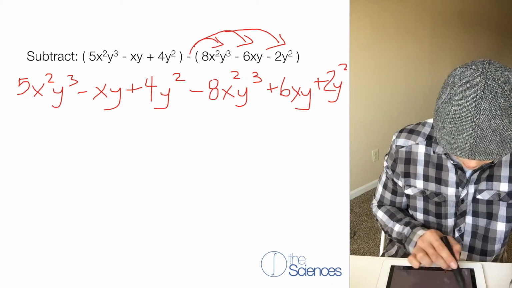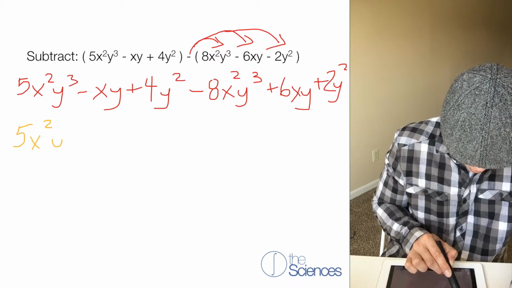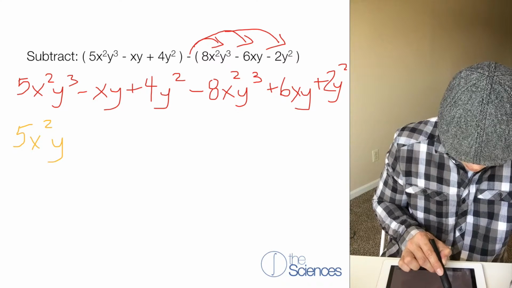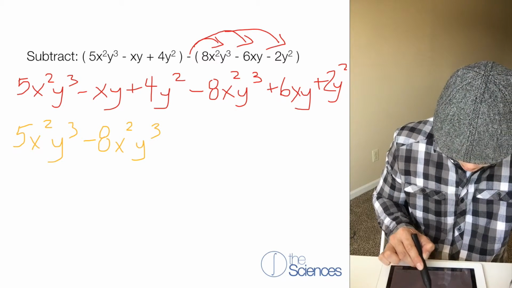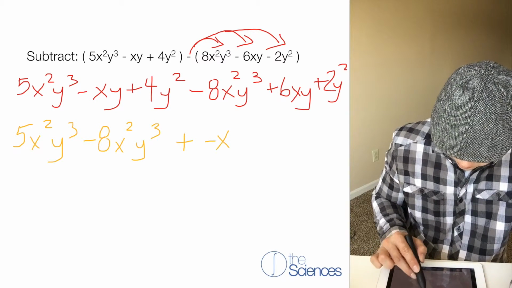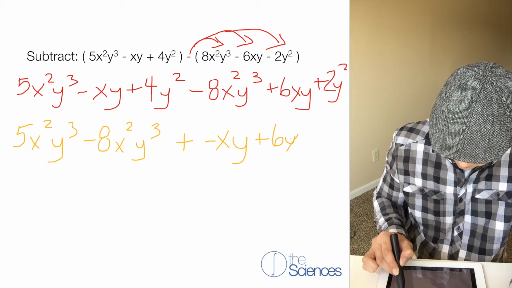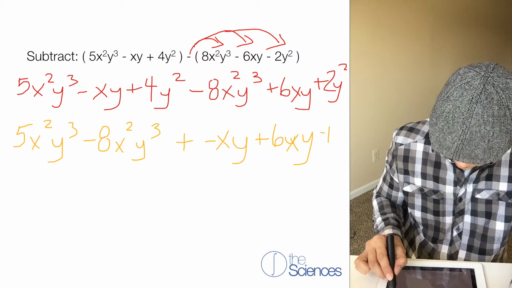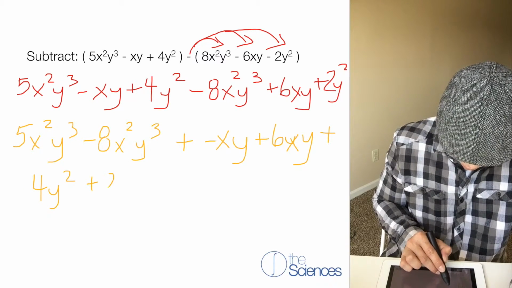So now we can combine our like terms. 5x squared y cubed minus 8x squared y cubed, plus negative xy plus 6xy, plus 4y squared plus 2y squared.